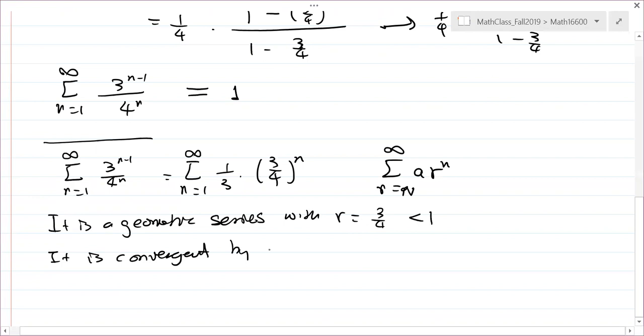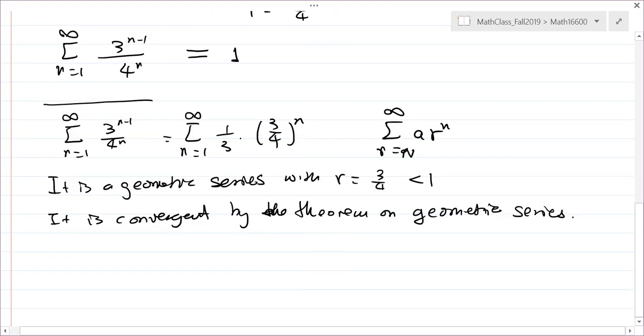Otherwise, you just say by the theorem on geometric series. There's a theorem that says the geometric series is convergent if and only if the absolute value of r is less than 1. Now your r is going to be 3/4. So you don't need to go through the above arguments here.